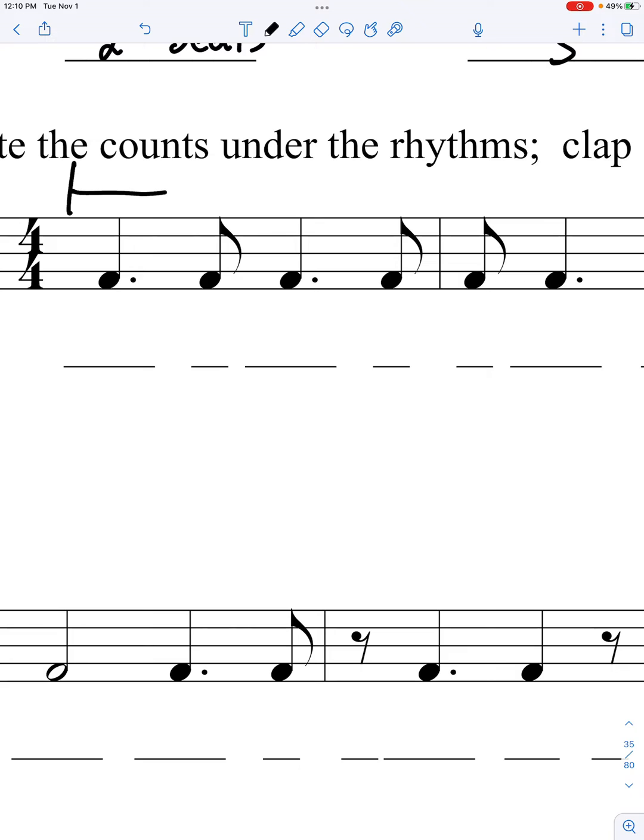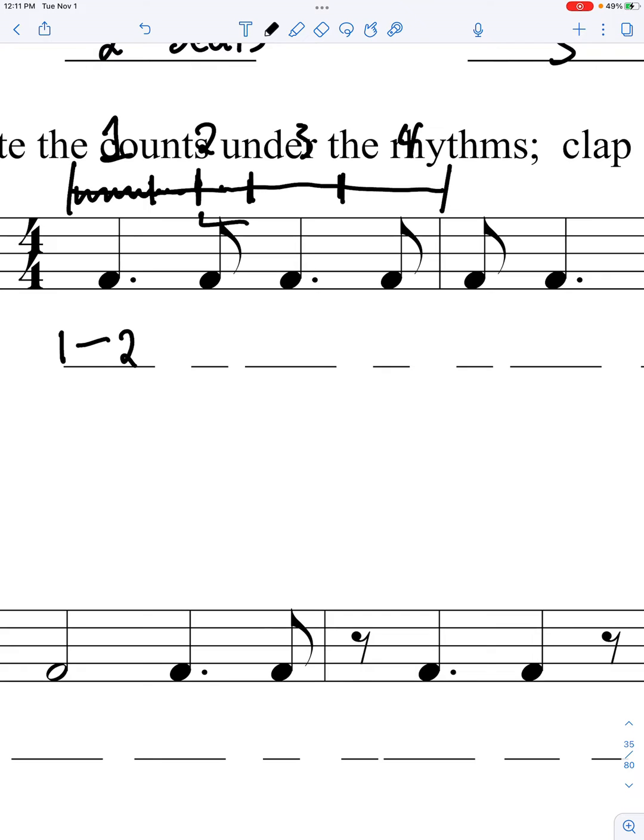So if we bring out our little bar graph that we sometimes like to do, and we write in our first beat, here's beat 2, here's beat 3, and beat 4. So that's beat 1, 2, 3, and 4. So this dotted half note is going to get us halfway through our beat 2. So that means that this is going to take up the full beat 1 and go all the way to beat 2.